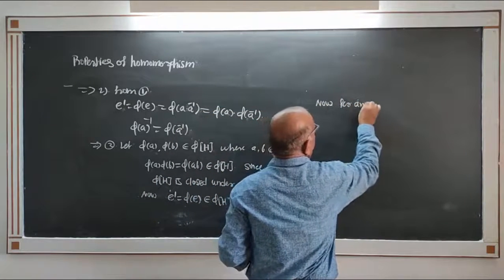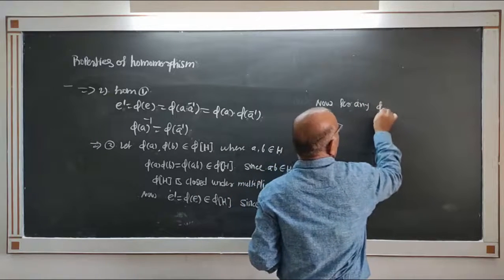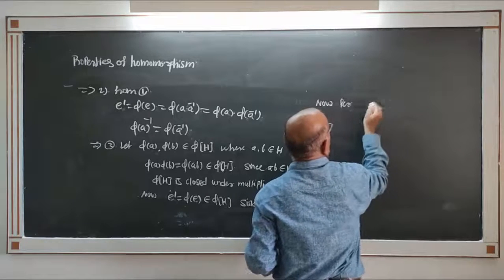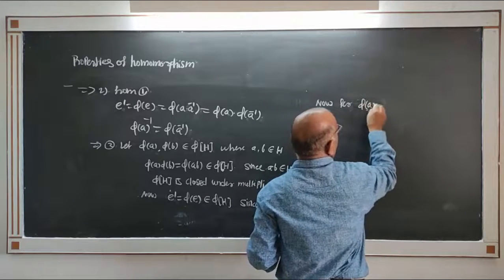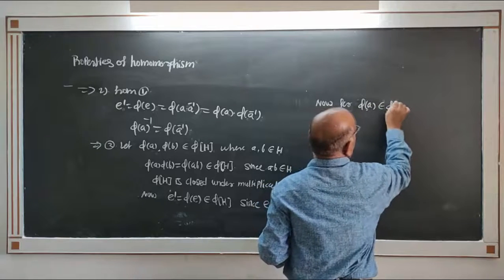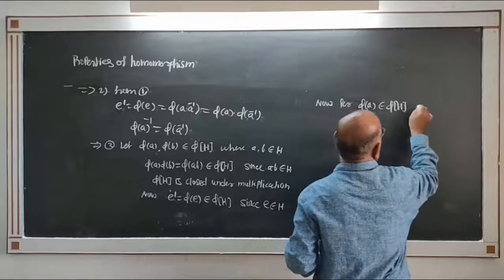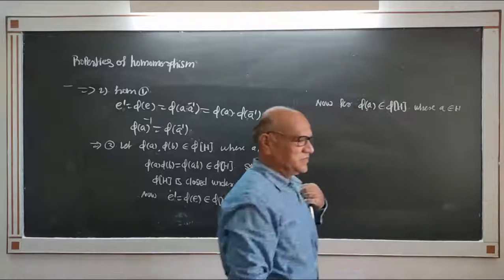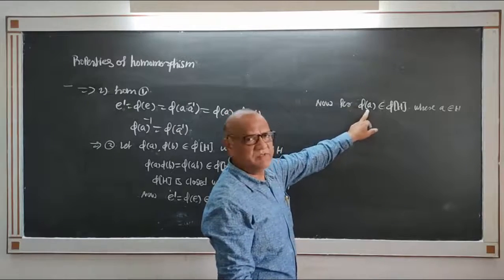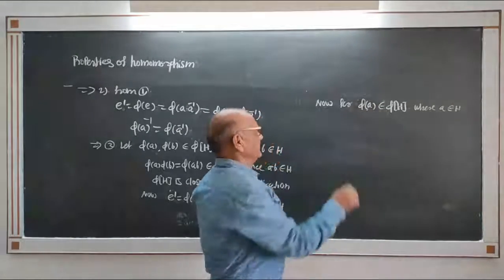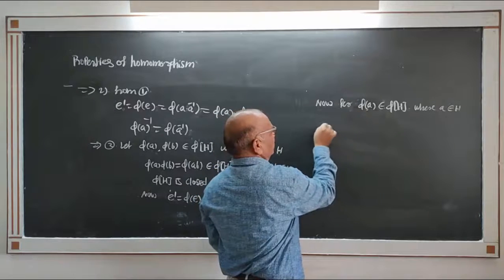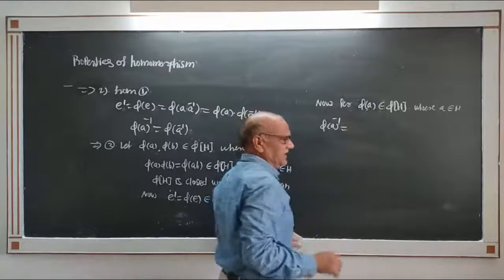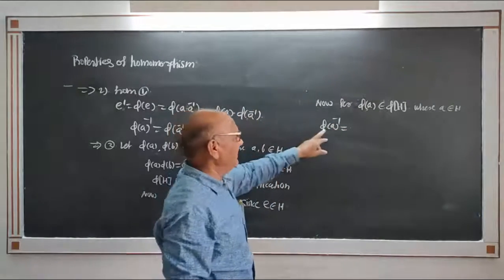Now for any phi of a belongs to phi of H, where a belongs to H, to show the inverse of this element also belongs to phi of H. Phi of a inverse is equal to, by the second property, phi of a inverse.